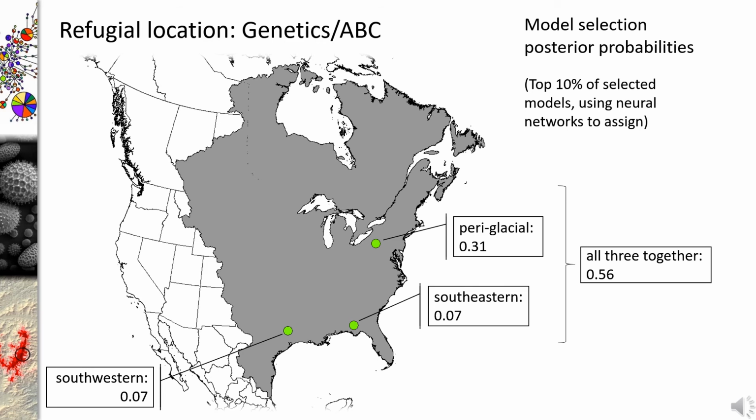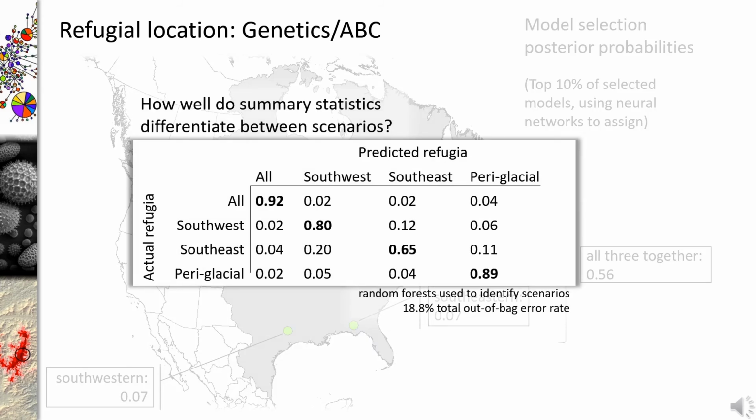For example, we assume that if a cell is not occupied by ice or water, it's fully colonizable. Likewise, other than melting the glaciers, we assume that climate has no role. We can also use cross-validation to examine how well we can identify the different scenarios. Here we take the summary statistics for the 10,000 simulations we ran for each scenario. Then we use a random forest algorithm to see how well we can differentiate between the different scenarios based only on their summary statistics.